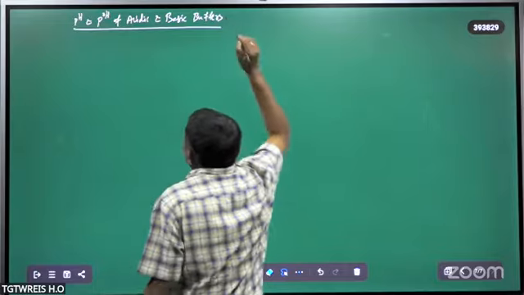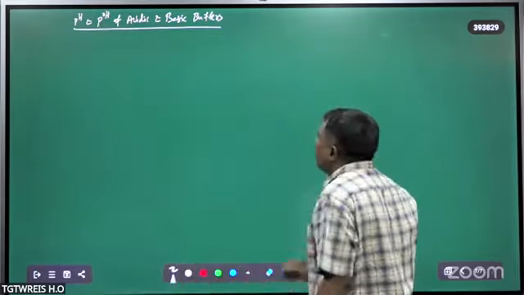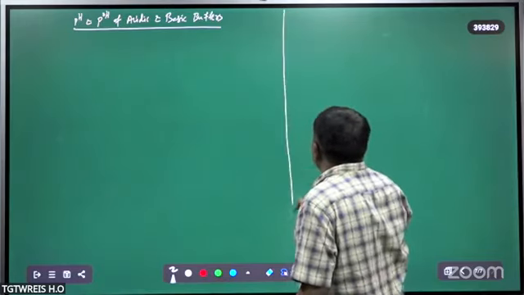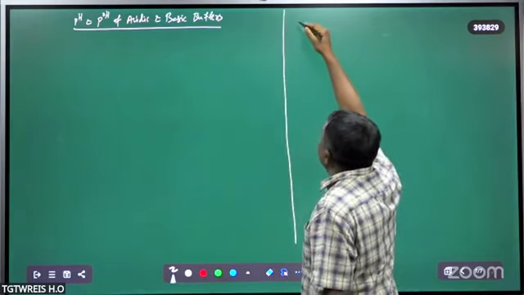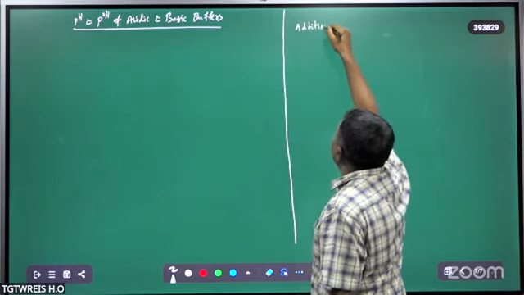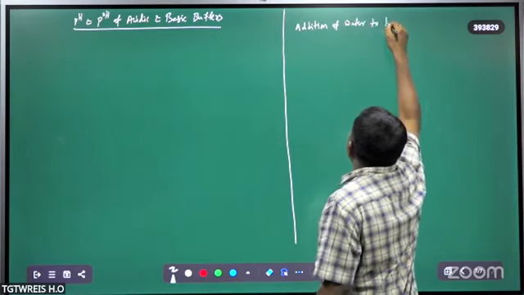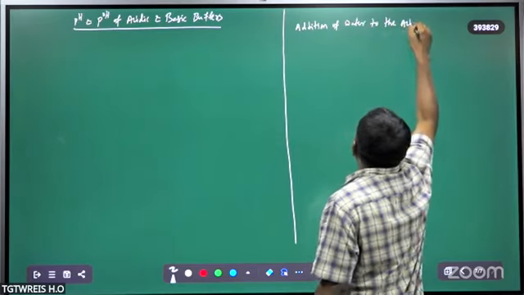So this is the pH and pOH of basic buffer solution. Before we discuss that, we have one more point left, that is the addition of water to the acidic and basic buffers.